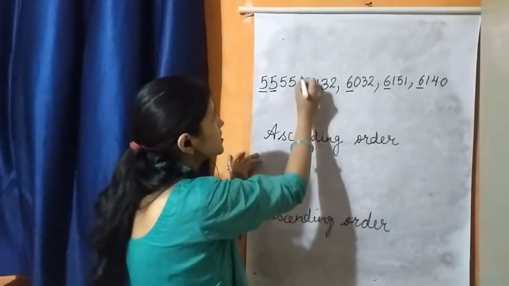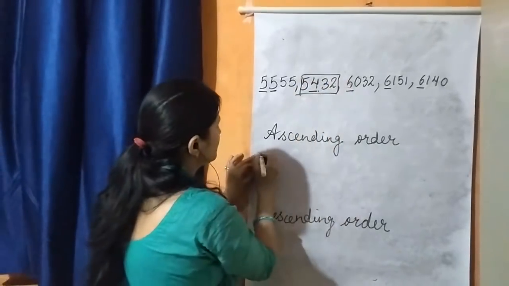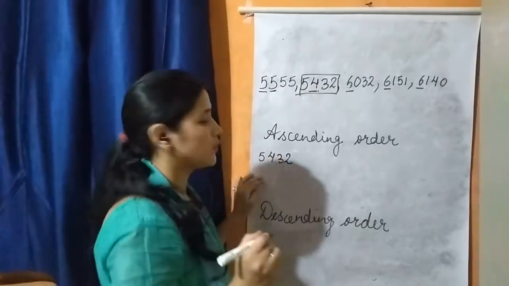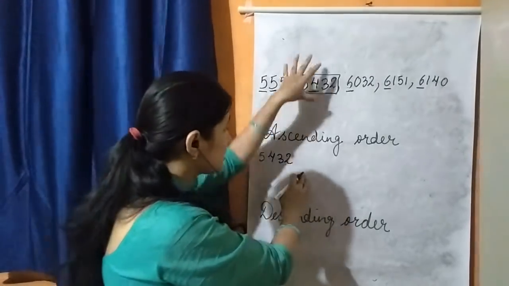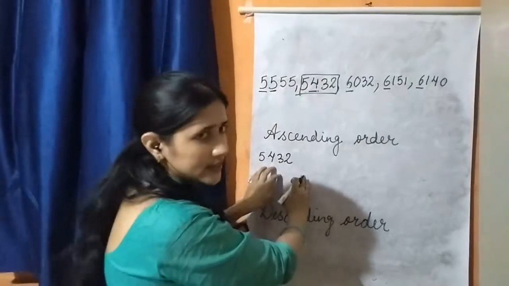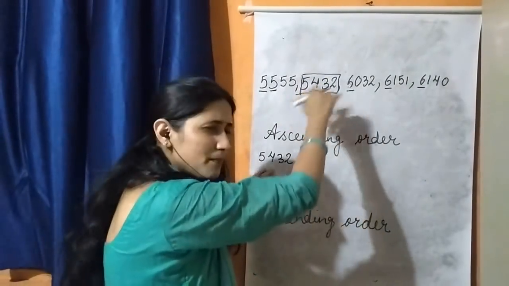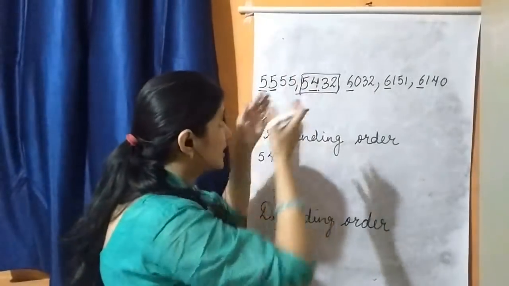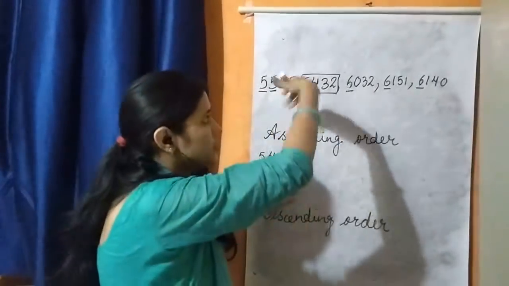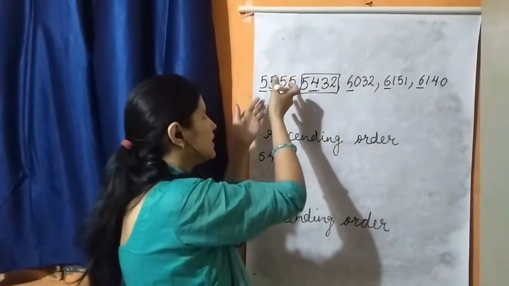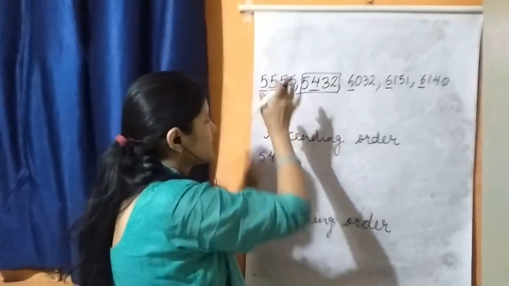So our first number is 5432. Whichever number you are writing, when you are sorting a number, please make a mark on it so that you are clear that you have already sorted that number. Then our next number is automatically this one.